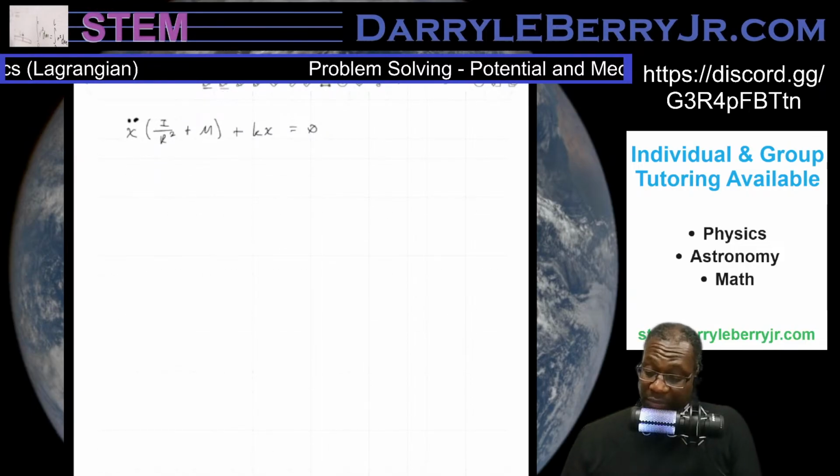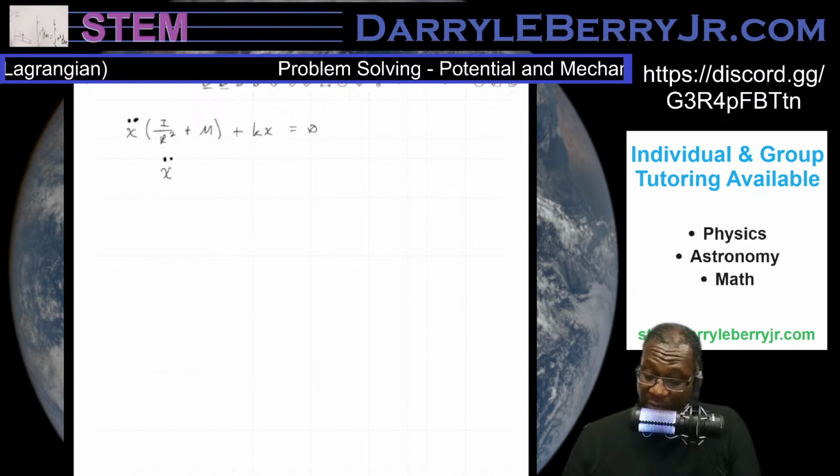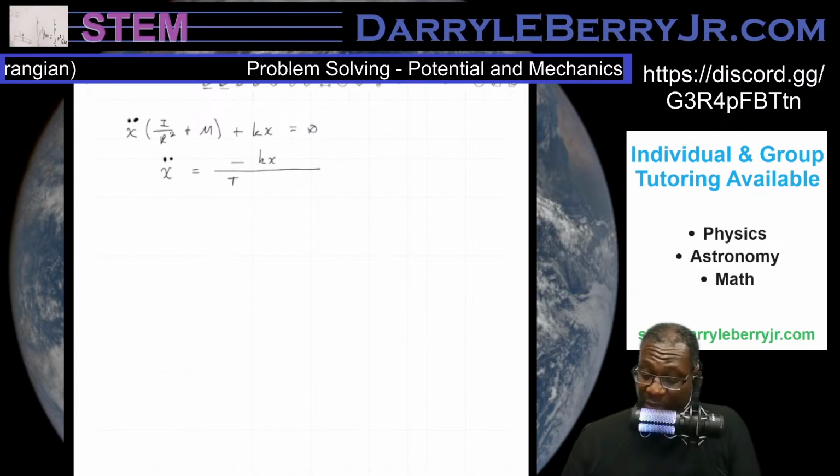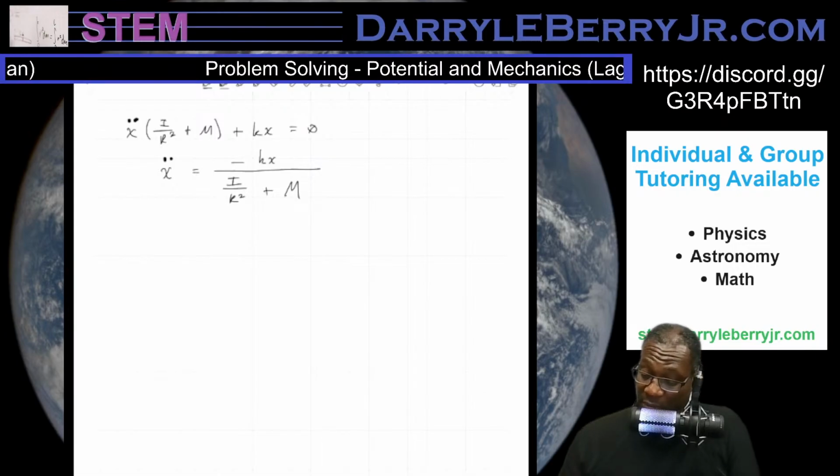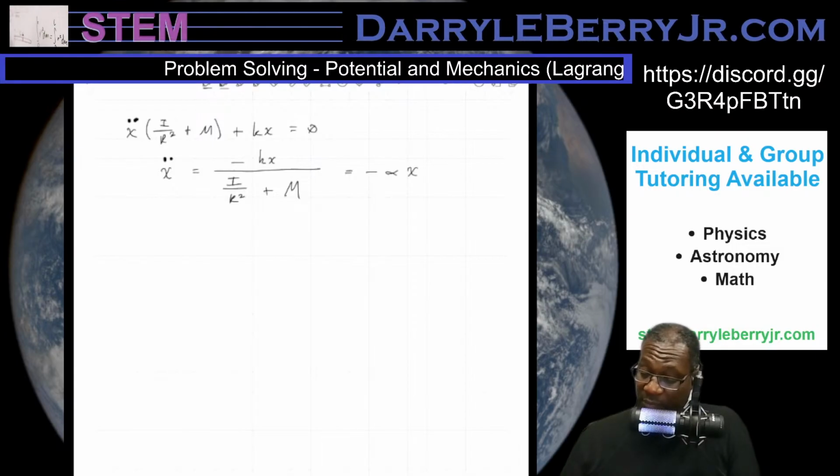Right. So now we can actually solve. So we have x dot dot equals negative ax divided by I over r squared plus m, equals negative alpha x.